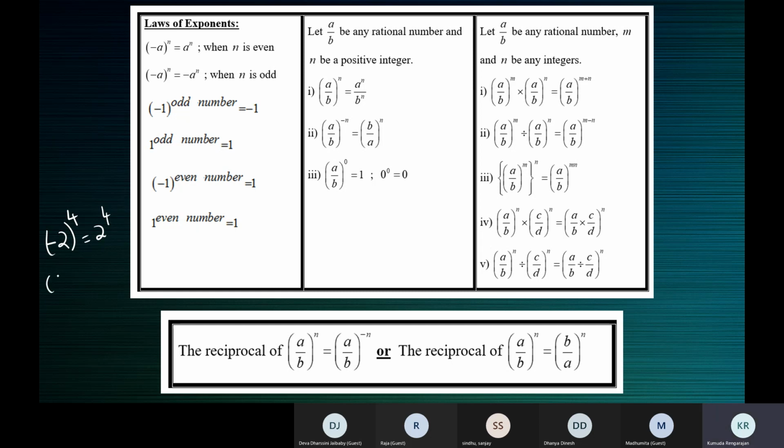In other words, minus a to the power n, where n is even, is equal to a to the power n. The minus sign is gone. While if you take the same example, minus 2, and raise it to the power 5, the minus sign doesn't go away. The answer is minus 2 to the power 5, which means minus a, the whole power n, where n is odd, will be minus a to the power n.